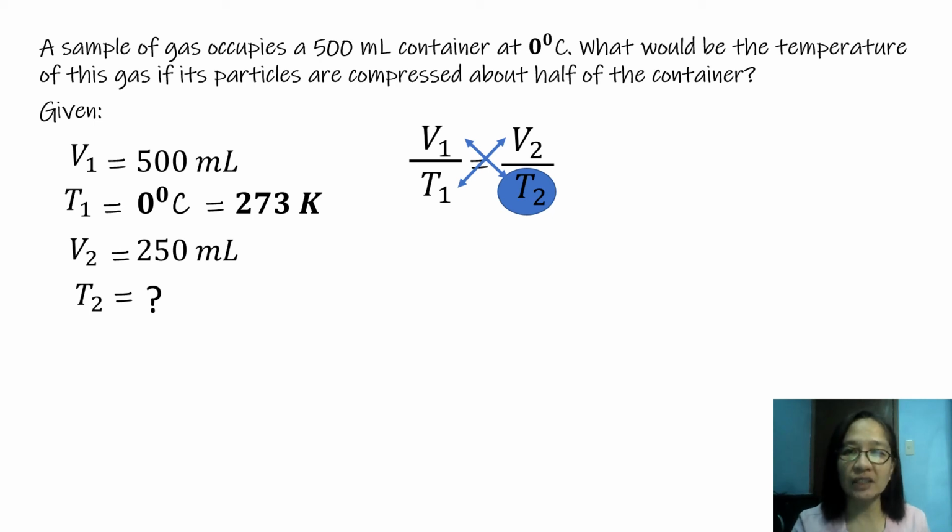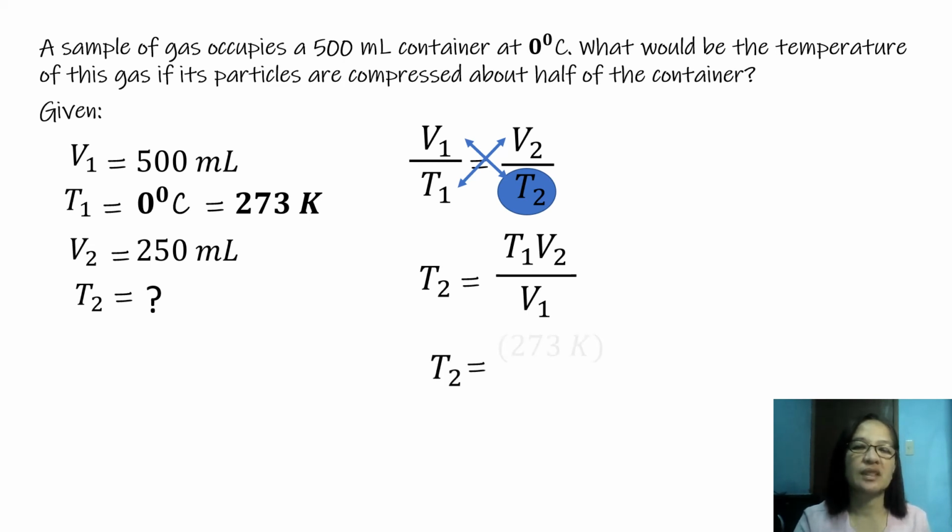Ano ngayon ang ating denominator? V sub 1. Kasi siya yung kapartner. Ano ngayon ang magiging formula natin? Tingnan nga natin. T sub 2 equal to T sub 1 times V sub 2 over V sub 1.